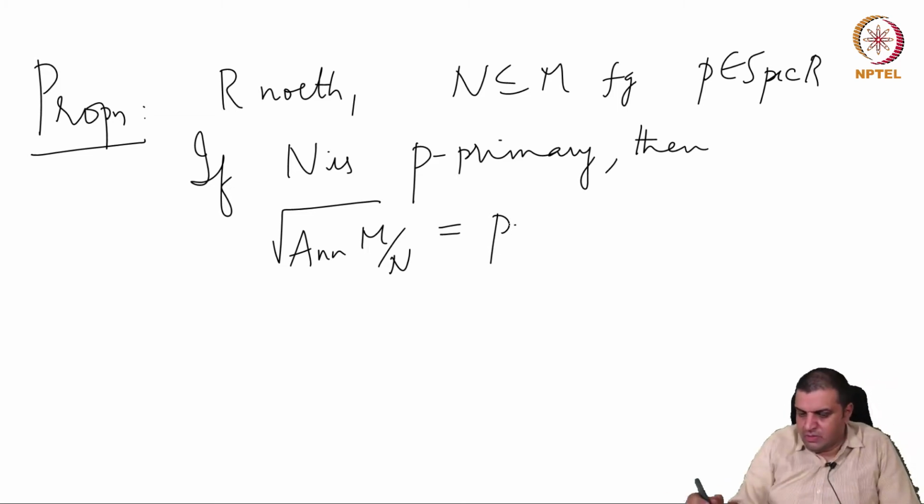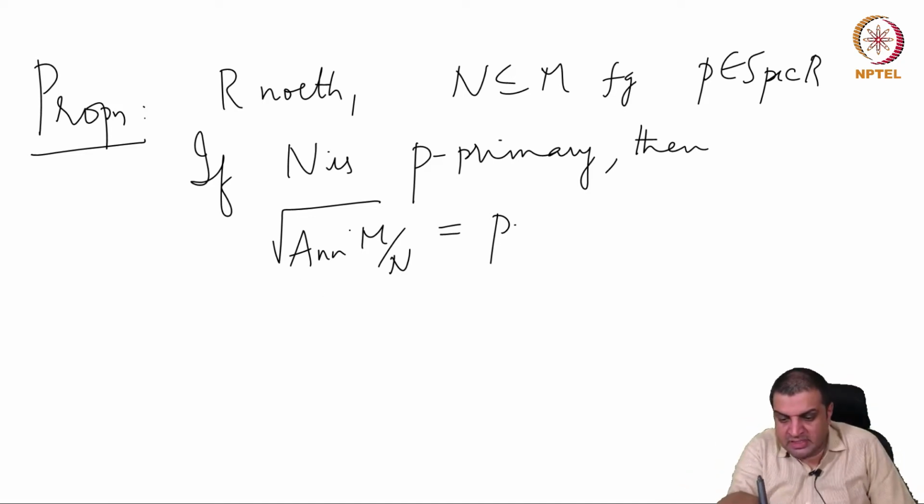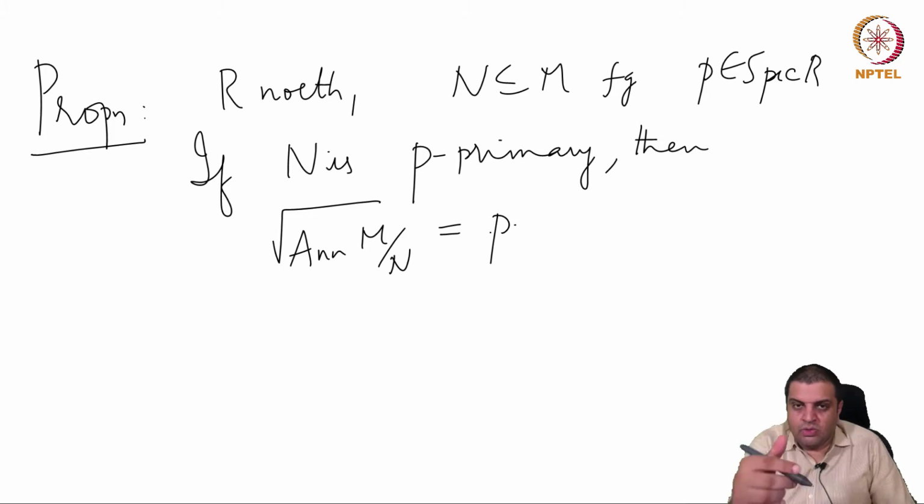Now it's not true that any ideal with radical P is P-primary. So what does it say for ideals?